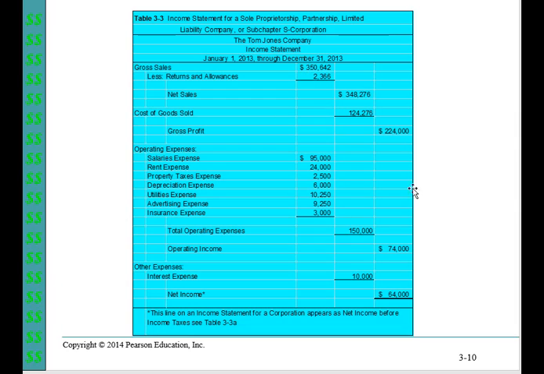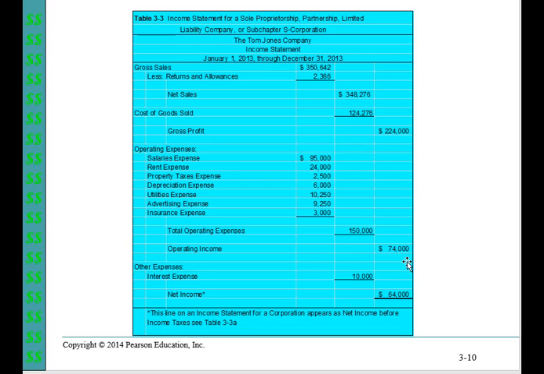We'll talk about these statements in more detail in later videos. Operating expenses, these are the expenses of running the company. That gives us something called operating income. So of the 348,000 net sales, we ended up with $74,000 left over from running our business.